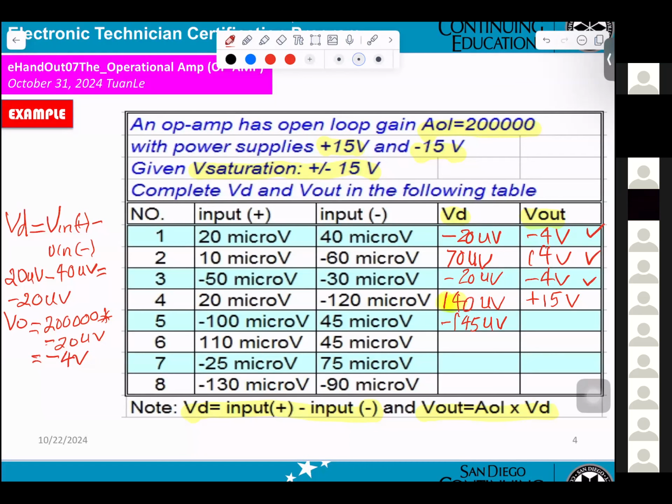Well, that one up top, we got 28 and you put in 15, but this one here, you get a negative 29, which is bigger than, which is different from negative 15. So they already saturated.